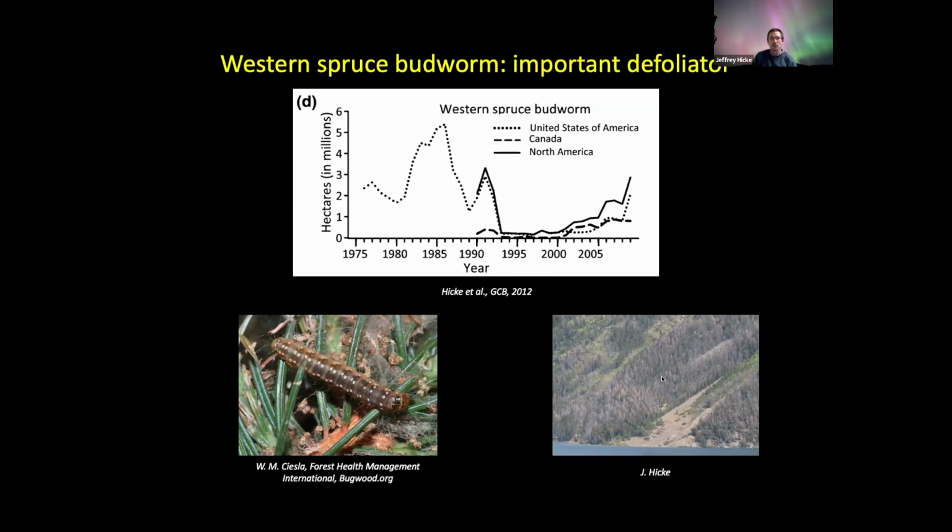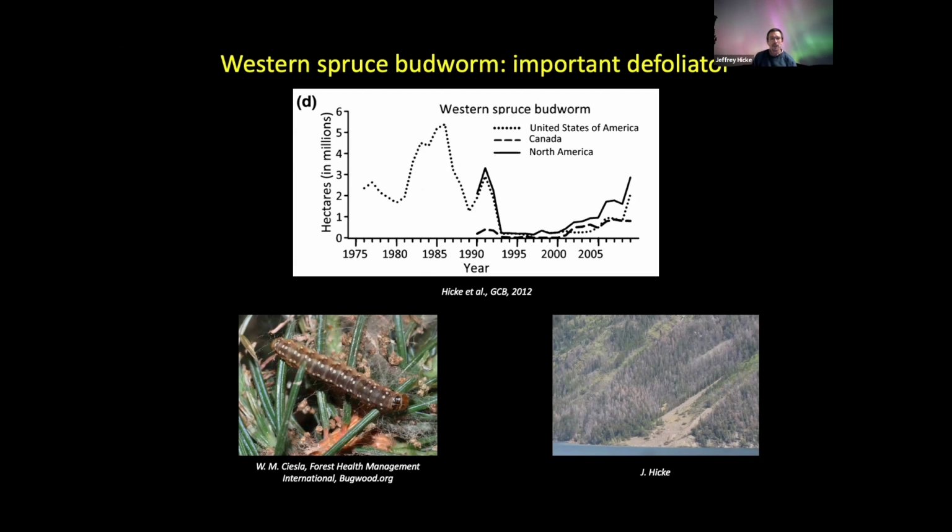I'm moving now to an important defoliator. This is Western spruce budworm. The time series across the top shows the damage area in millions of hectares in the US and Canada. The US is in this dotted line. You can see during the 1980s, there were millions of hectares every year that were damaged by this defoliator.